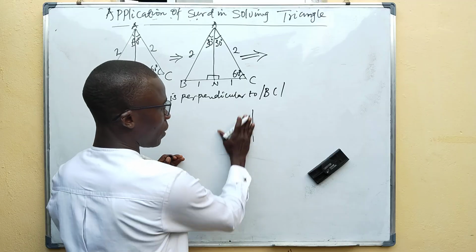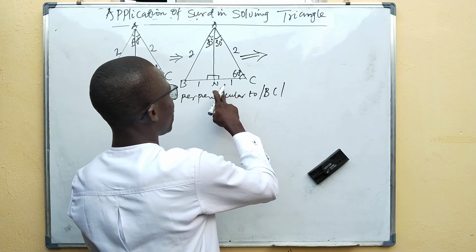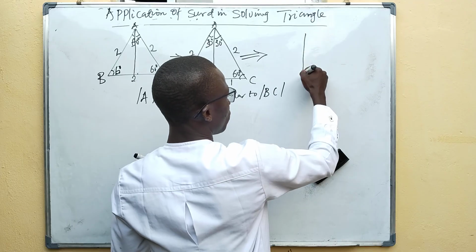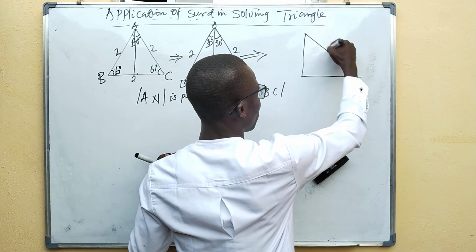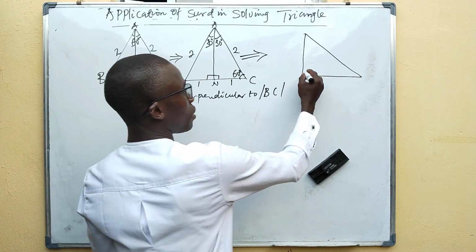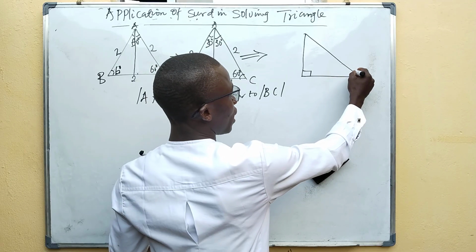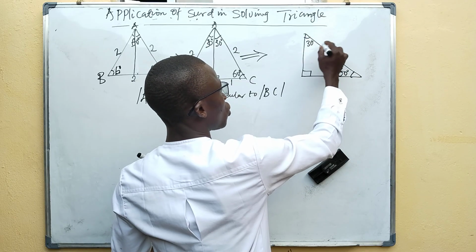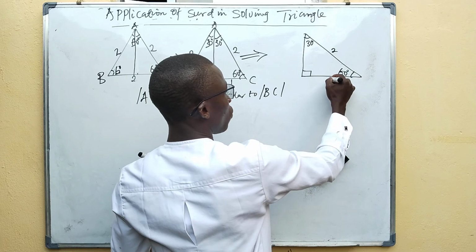So that is what I mean by perpendicular line. If I take out one of these, I'm going to have a right angle triangle. Here will be my 90, here my 60 degrees, and here my 30 degrees. Here we have 2, here we have 1.